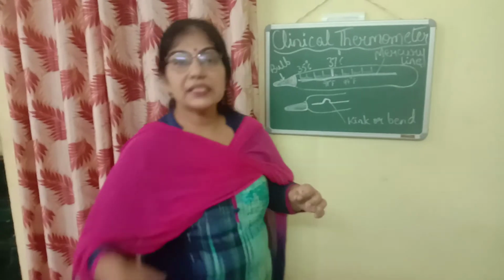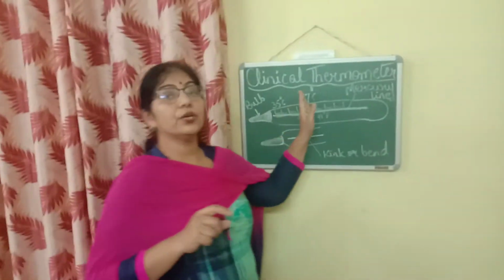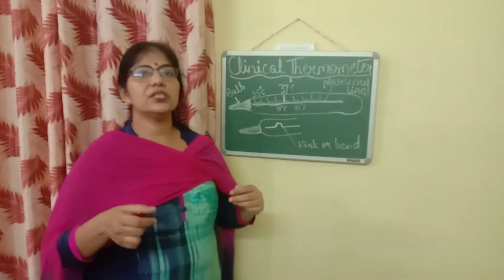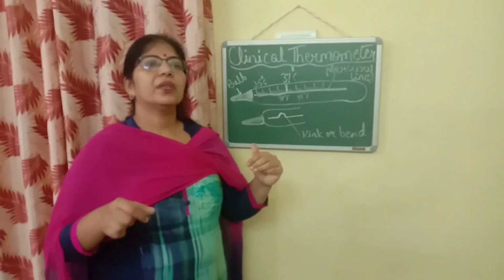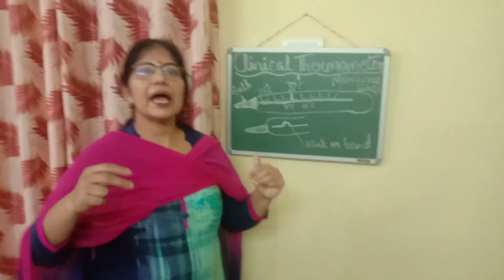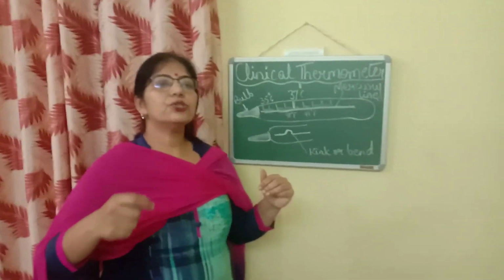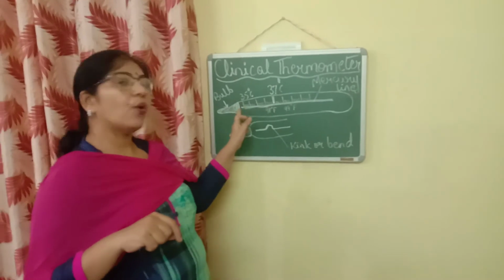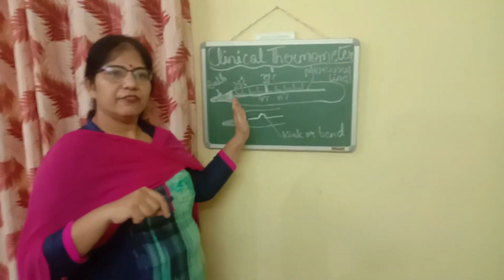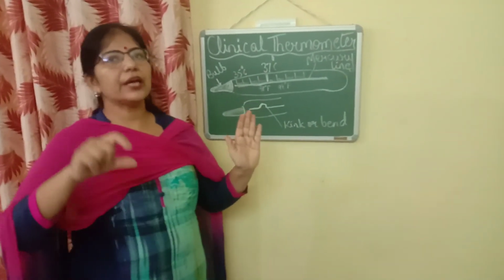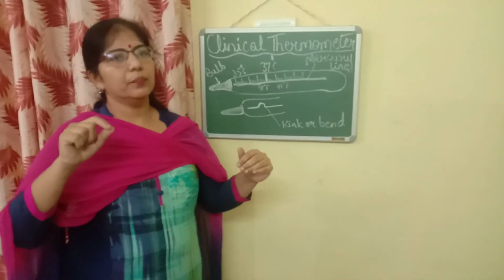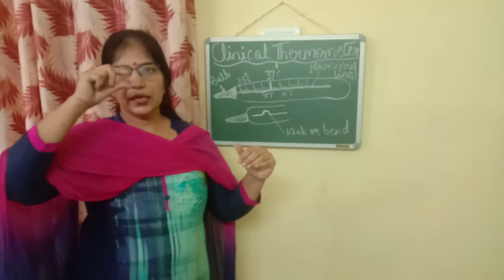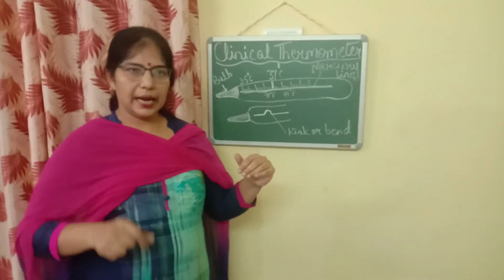Now children, there are certain precautions to be taken while using a clinical thermometer. It should be washed with antiseptic before use and after use. Then you should give it a jerk so that the mercury falls below 35 degrees centigrade, so that you get the accurate body temperature. Then it has to be read in line with our eyesight.